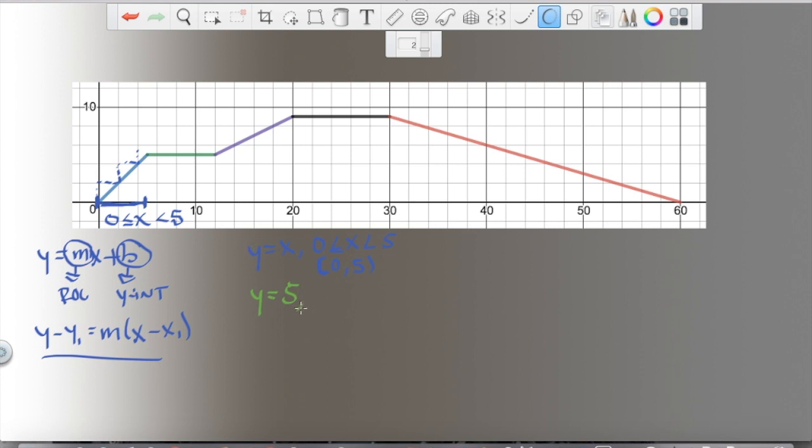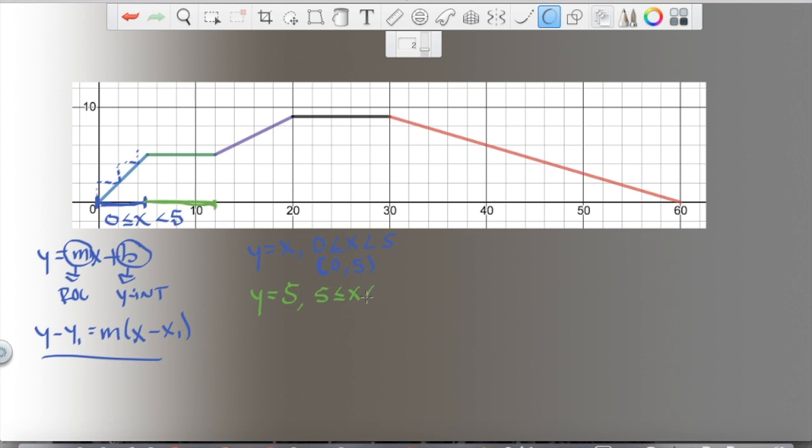But we're not done yet, right? We need to specify when we are using this information. Where did we leave off? We left off at 5, so we're using it from 5 less than or equal to x, and we're going all the way over to right here. Well, what value is that? That's 12, right?